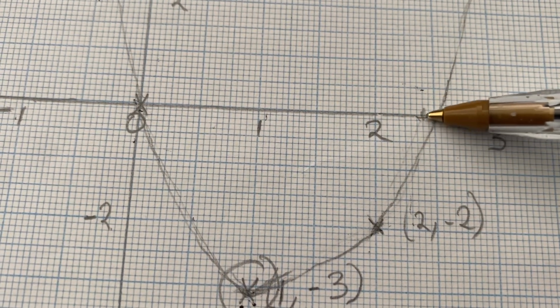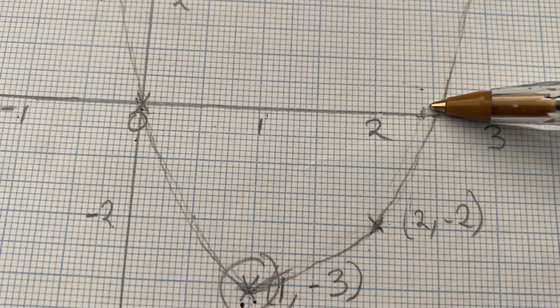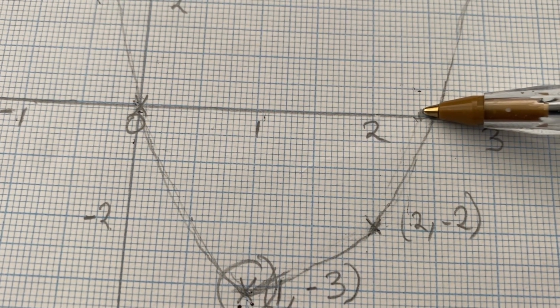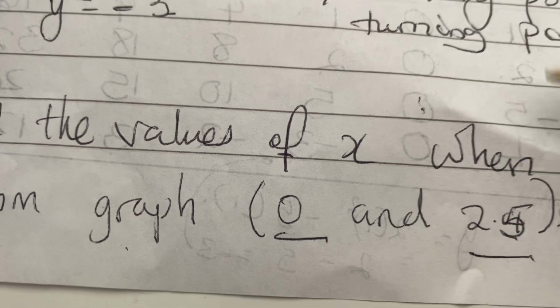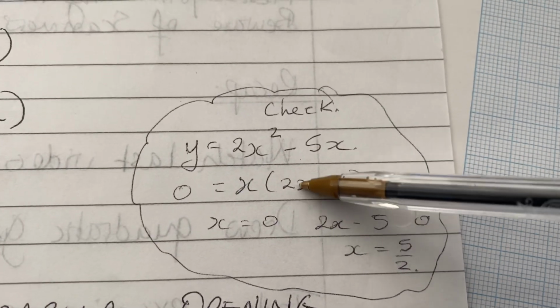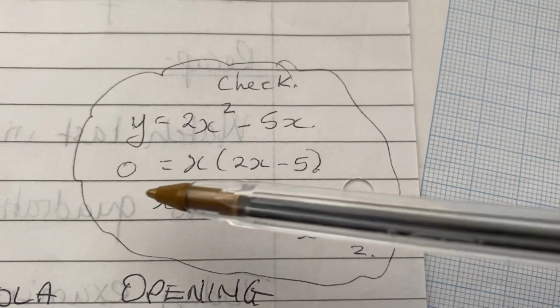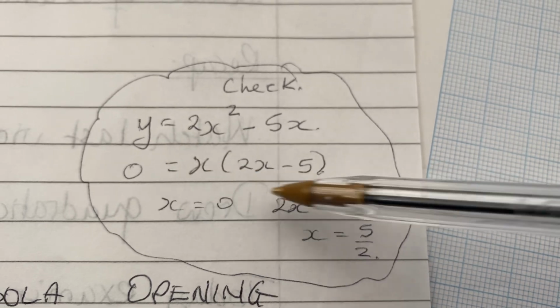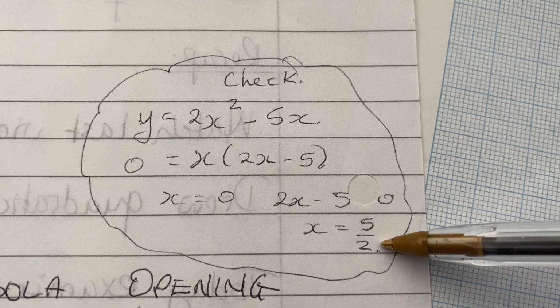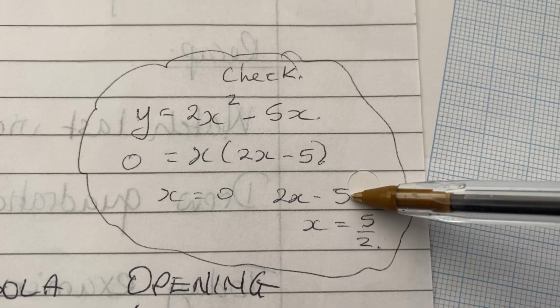So you should try and be in this range. Okay, so I've written 0 and 2.5, and I've done it algebraically to show you that when y is 0, x will be 0 and 2.5, which is 5 over 2.